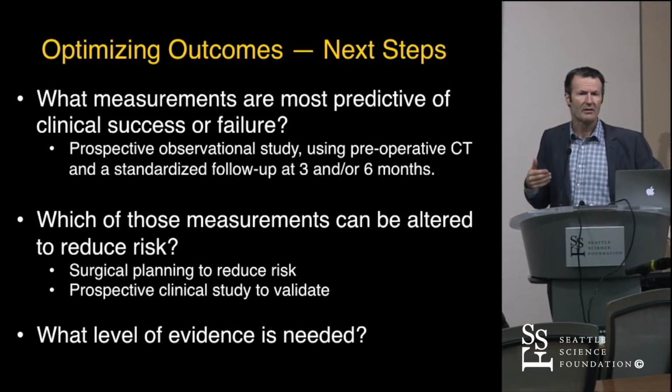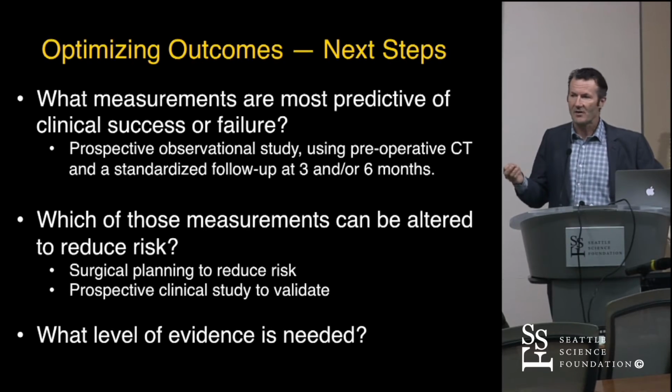That will require a prospective observational study. We've tried to work with retrospective data. It's not good enough. People aren't recording the information the way you wanted. What we'd like to do is design a prospective observational study where we take the CT scan, then you go ahead and treat your patient, and we try and predict whether or not the failure will have some negative outcomes, and from that try and figure out what's working best.